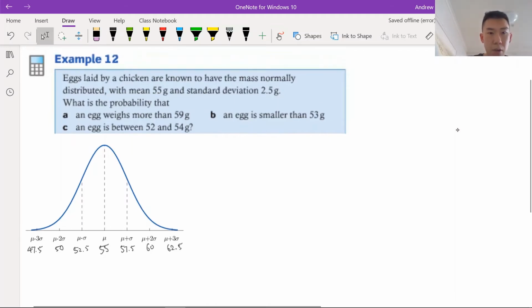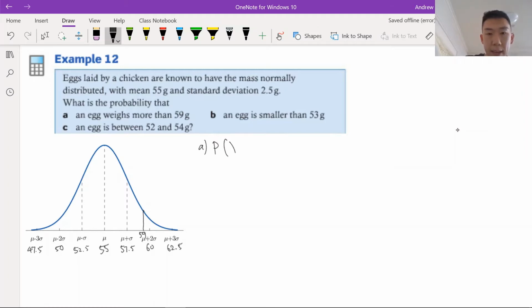So A, what is the probability that an egg weighs more than 59 grams? Well, 59 would be here. Probably not exactly there actually. So 57.5, that's 2.5. So maybe there's 59.